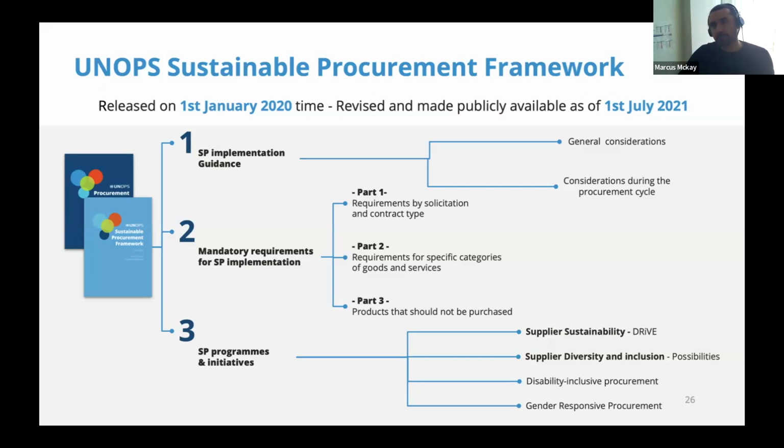The third component of the framework identifies the categories, the dedicated programs that we use in order to help leverage and drive some of our key sustainability areas. And this is namely under supplier sustainability, diversity and inclusion, as well as other key areas of gender responsive procurement and disability inclusion. Next slide, please.